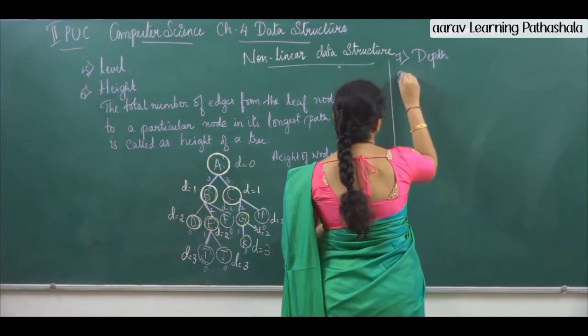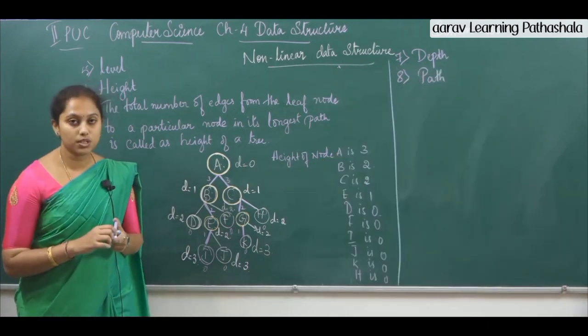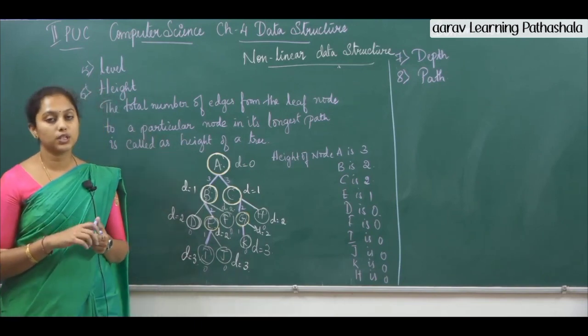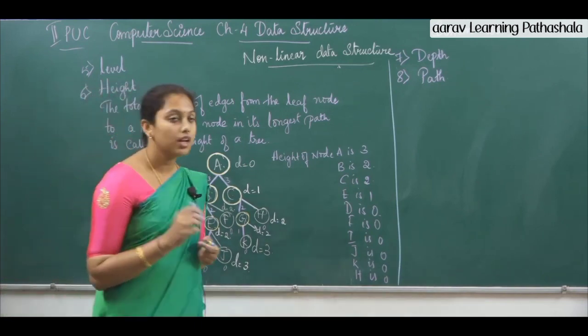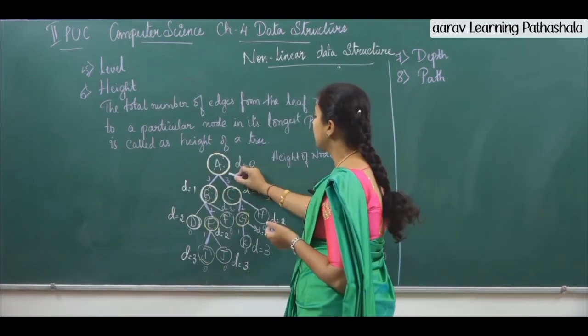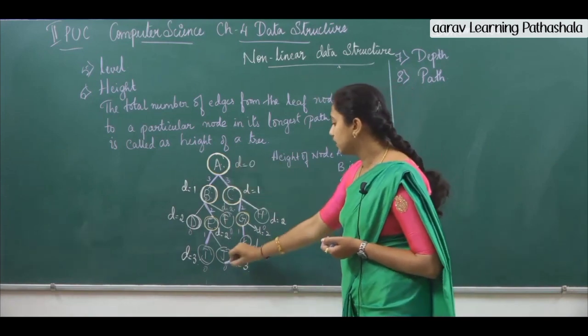Path. So, what is the path of a tree? The sequence of nodes and edges from one node to another node is called the path between two nodes. Consider this example. What is the path from A to J?